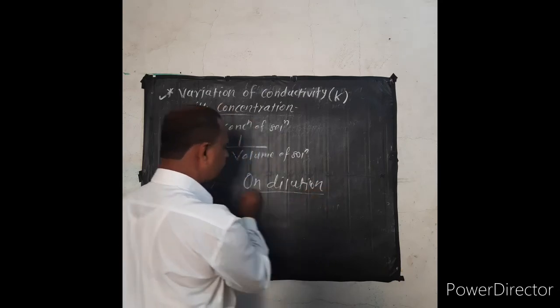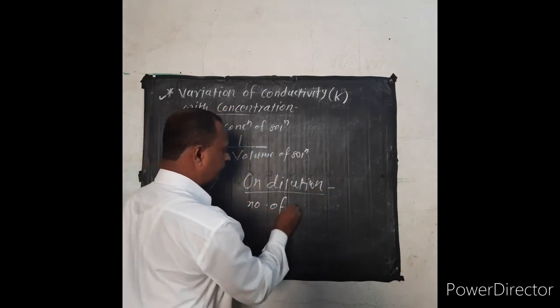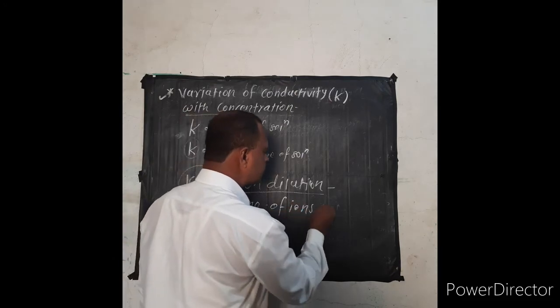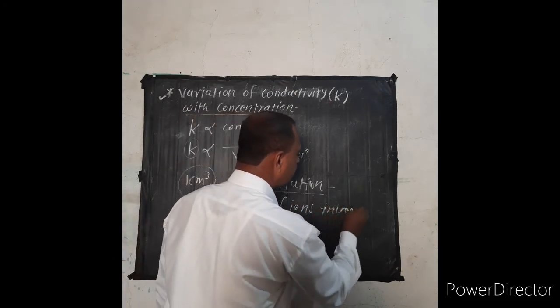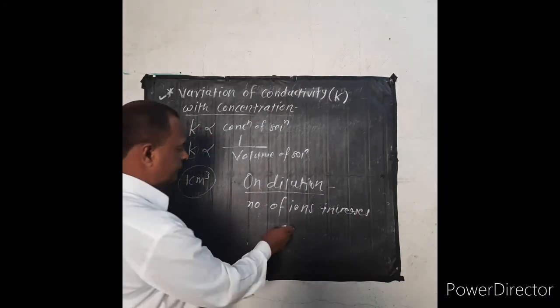The number of ions increases, due to the degree of dissociation.